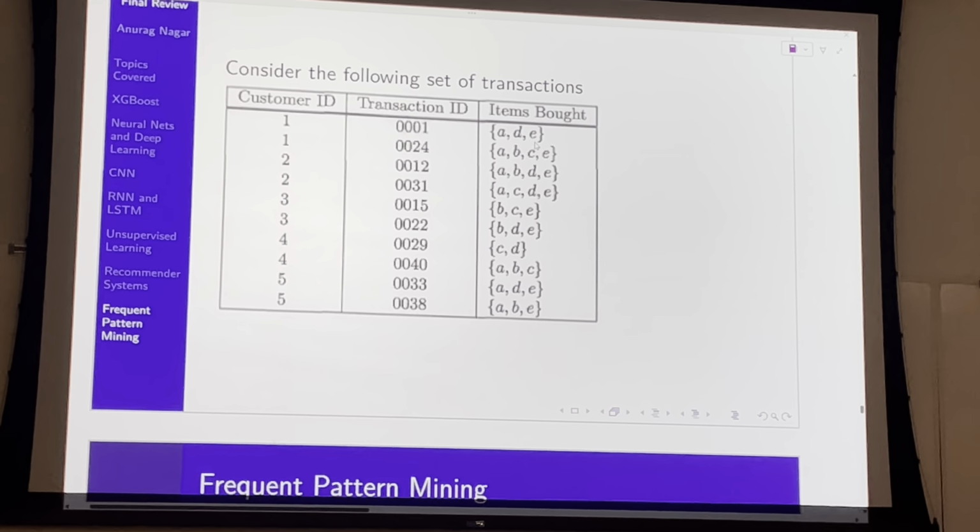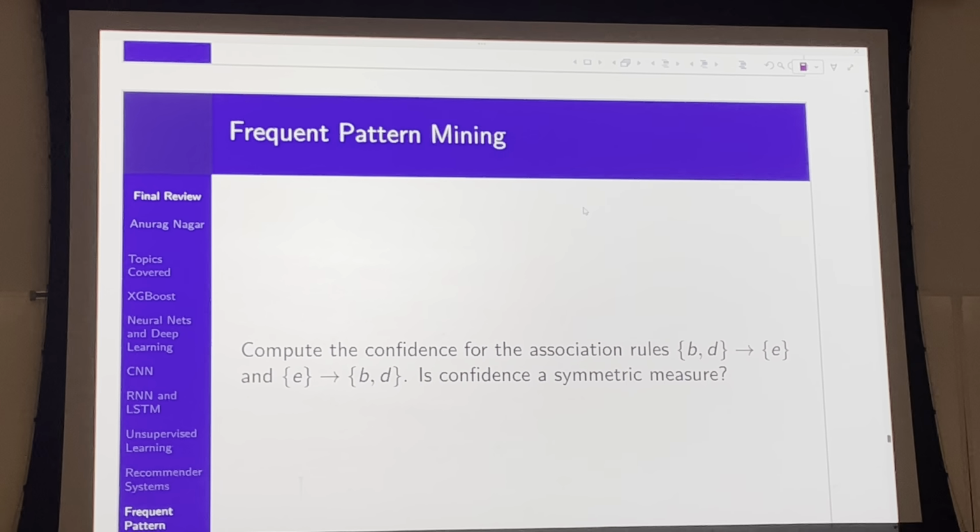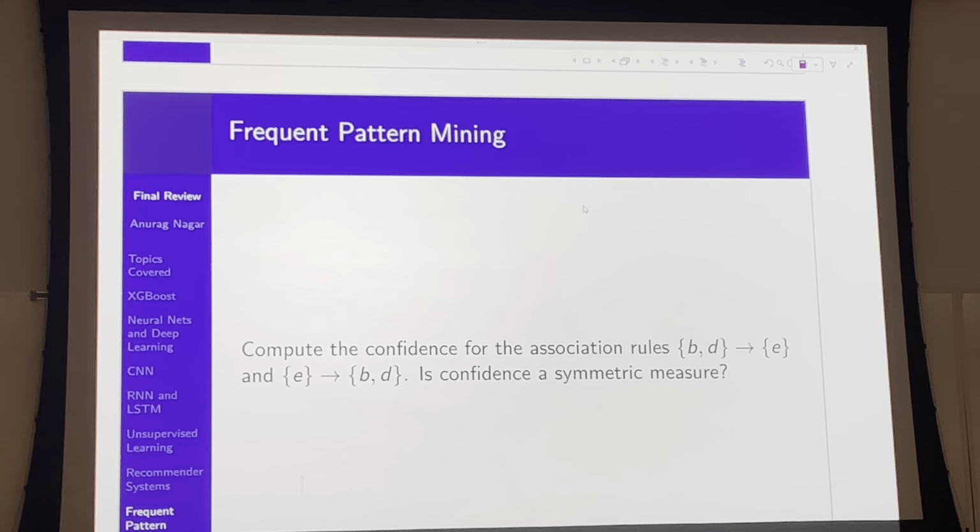The confidence is generally associated with a rule. Keep this into account. Now, if I propose a rule, BD gives E, then the confidence for this rule means what is the probability of buying E given that I buy B and D both.